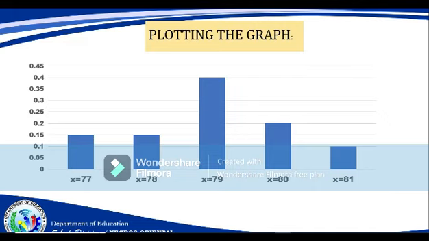Now, if you're going to plot the graph, this is how it will look like. This is our probability. This is our random variable. We have x is equal to 77. These are number of minutes. Then x is equal to 78, then 79, then 80, then 81. And this is our mean, and the standard deviation.